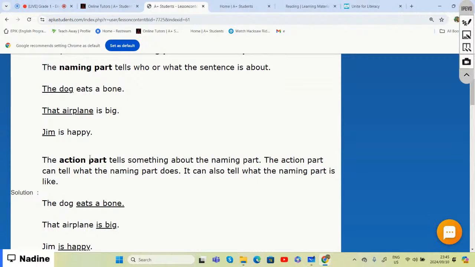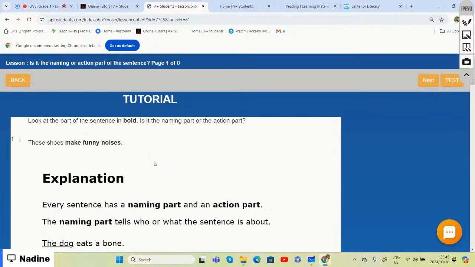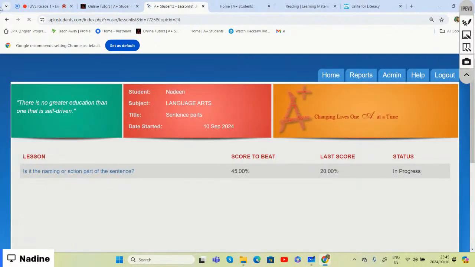It tells us either what the naming part does or what the naming part is like. And remember, the naming part is either a person, an animal, or a thing.